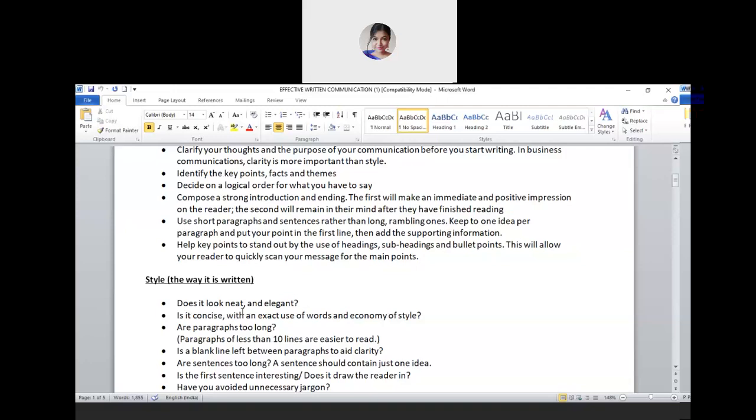And it should be concise, and you must use the exact words. Whatever you want to say, you must use the exact words. Your words must not confuse the reader. So you must use the proper words.